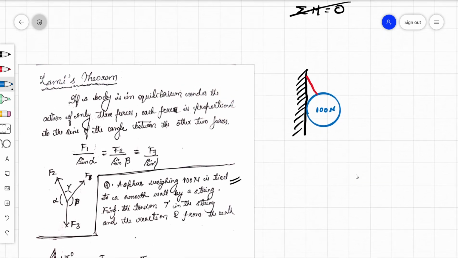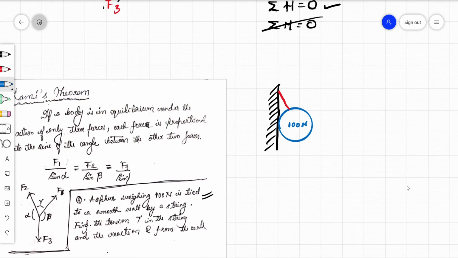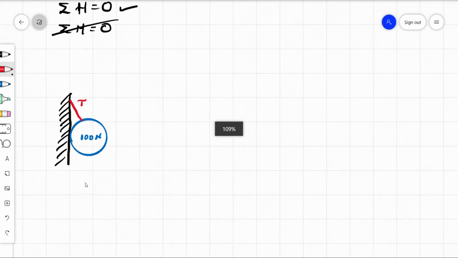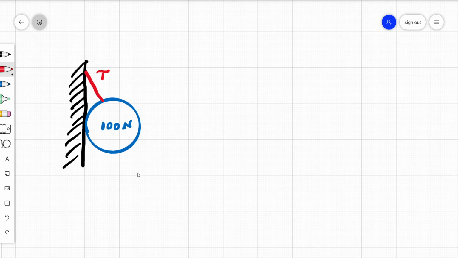Now let us move on. This is the question they gave us, and what they told us to find. They told us to find the tension in this string, because it is very important for us to understand the tension, whatever string you are going to hang to that sphere.